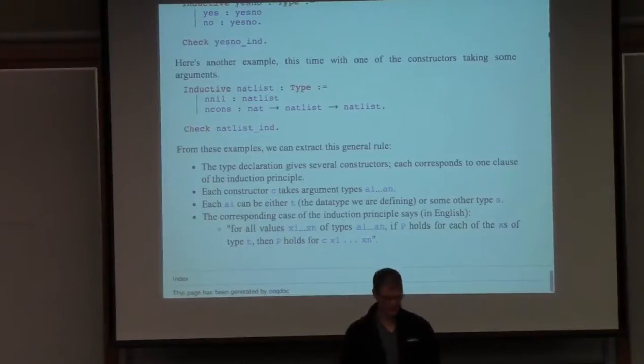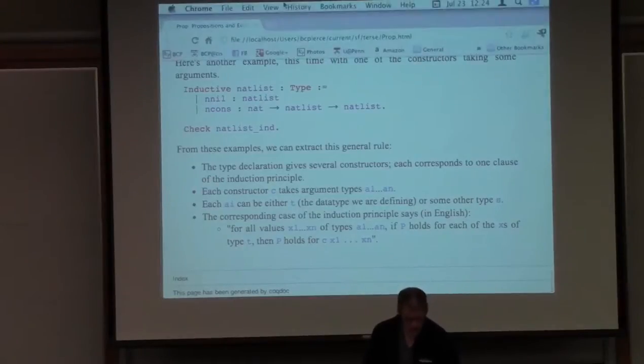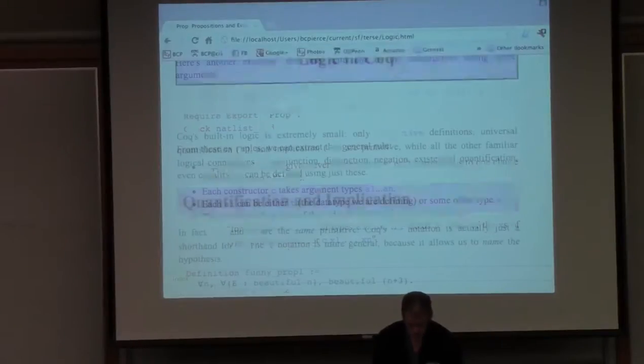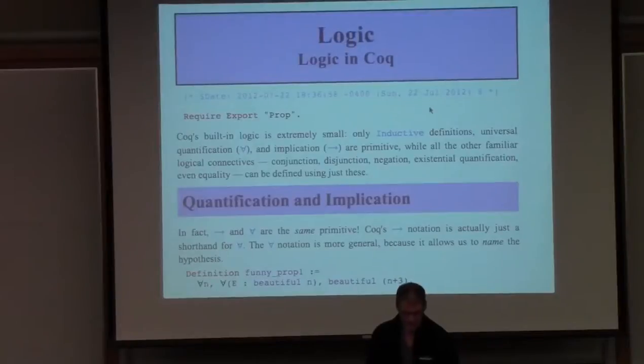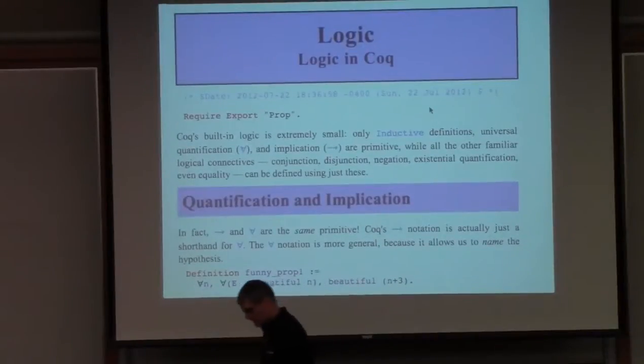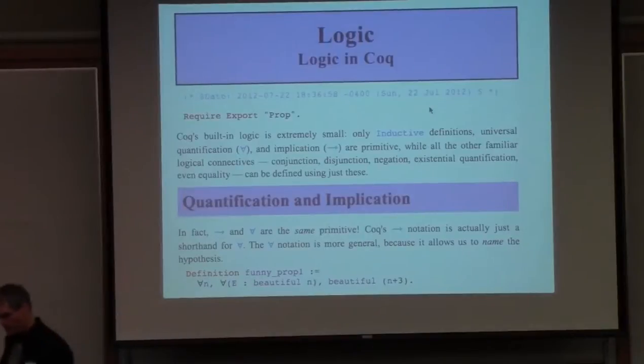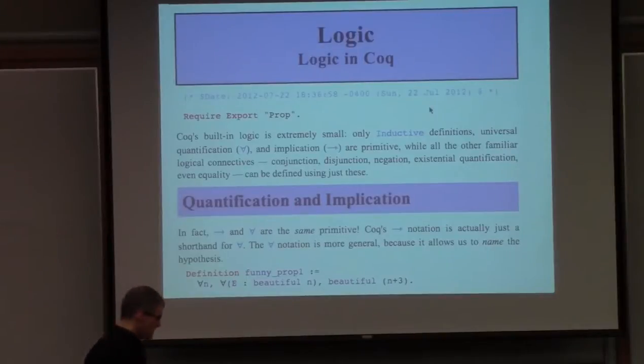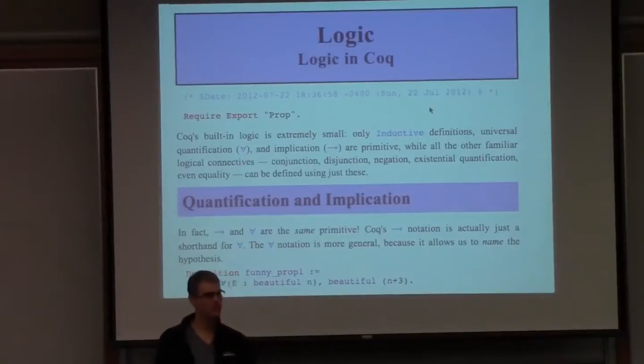So let's go on then to the next chapter, which is called Logic. And let's look at how the very low-level built-in facilities of Coq can be used to define familiar logical connectives.